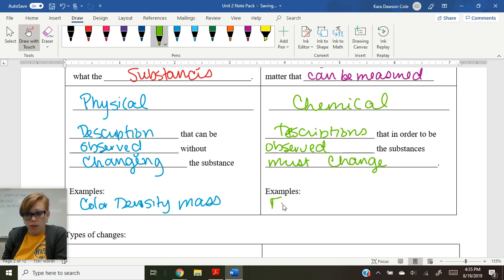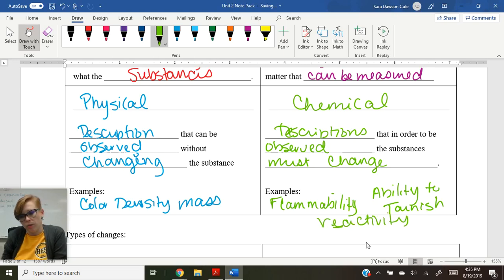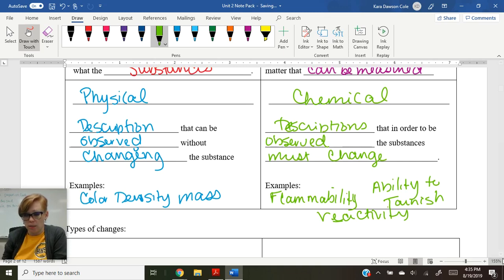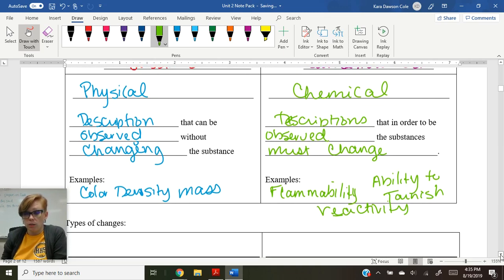So flammability, whether or not something is flammable. Ability to tarnish. Reactivity. Talking about the reactivity would be a chemical property. A physical property is going to be color, density, mass, things that I can observe without actually changing what the substance is. So then we have physical and chemical properties.